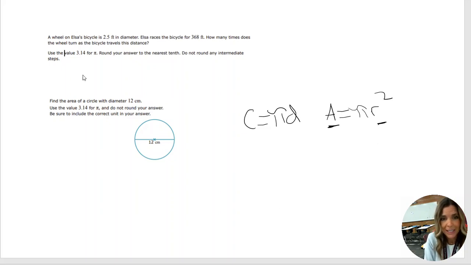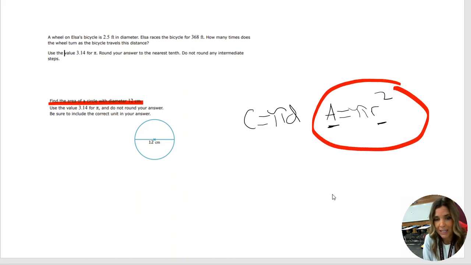This tells us the diameter is 12, but if we want to find area, we need radius. But that's easy to find. If we have diameter, remember I had you put your arms out. If you want radius, you've got to do half of that. So if your diameter is 12, your radius would be 6.